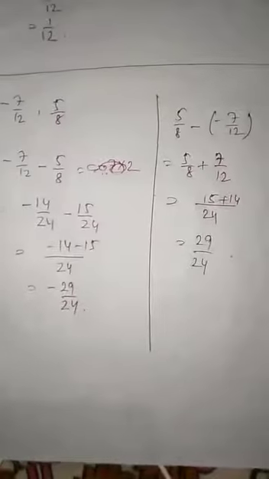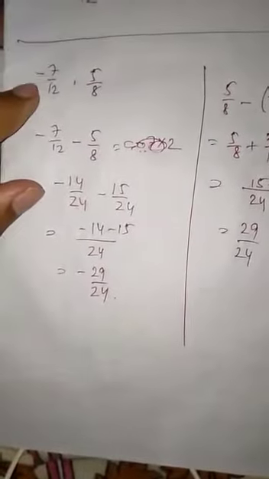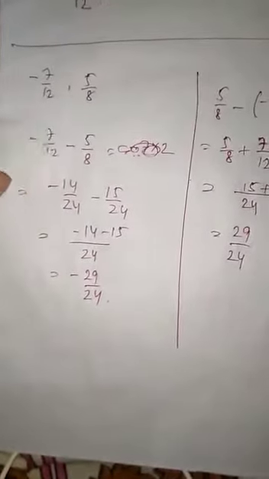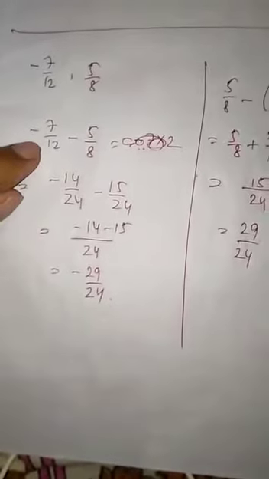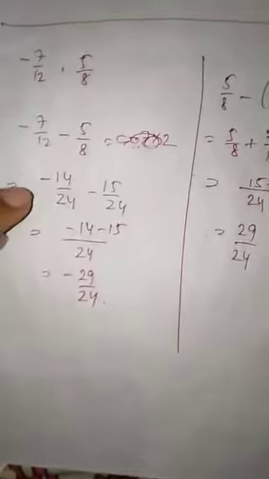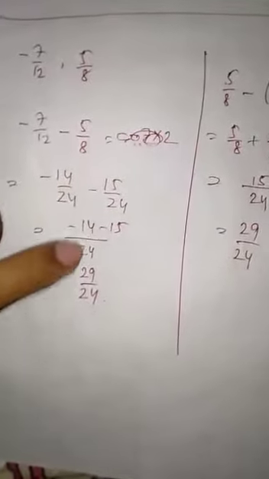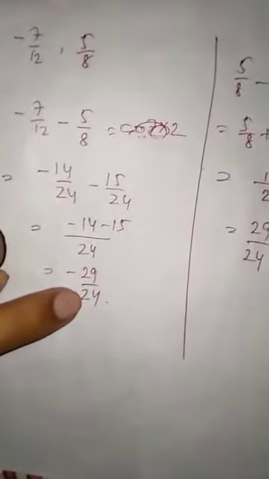Okay, but subtraction is not commutative. Suppose we have minus 7 by 12 and 5 by 8. If we subtract like this, minus 7 by 12 minus 5 by 8, then we will have minus 14 by 24 minus 15 by 24. So we will have minus 29 by 24 as the result.